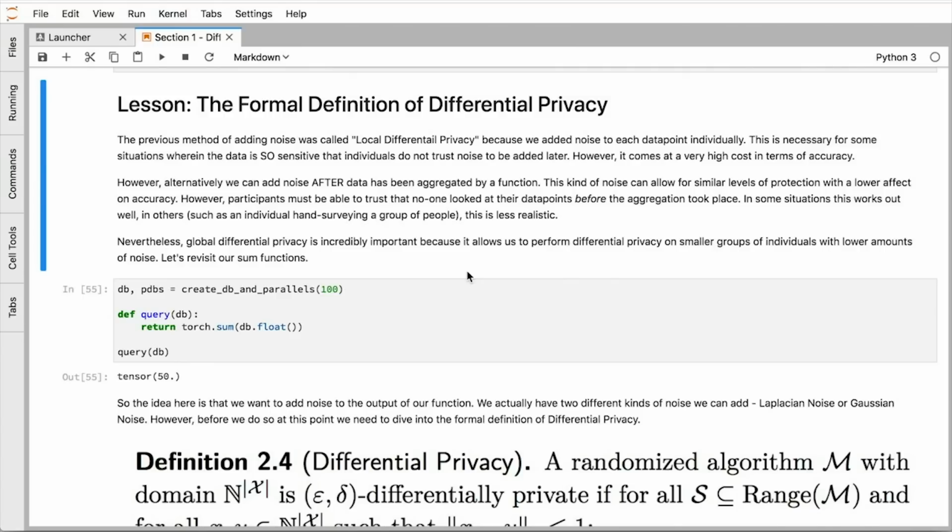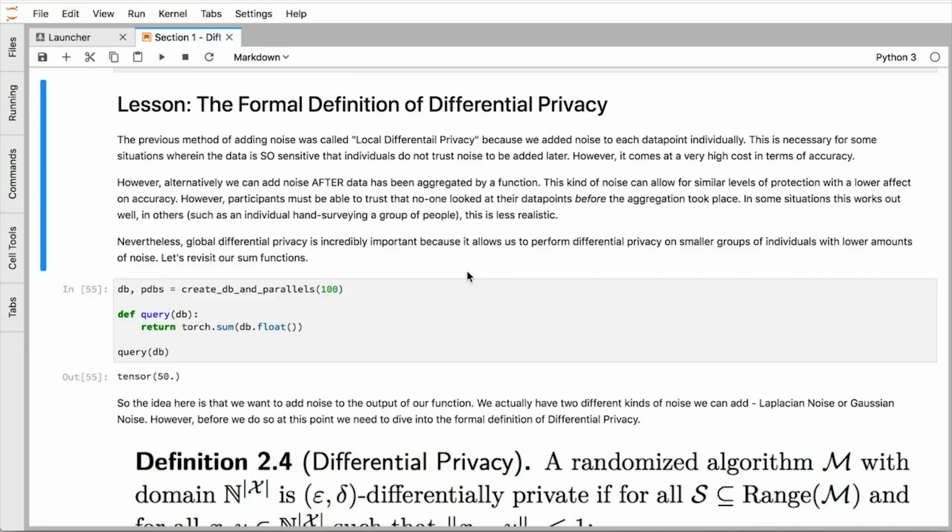However, this leads us directly into the other class of differentially private algorithms called global differential privacy. Global differential privacy, instead of adding noise to individual data points, applies noise to the output of a function on data points.